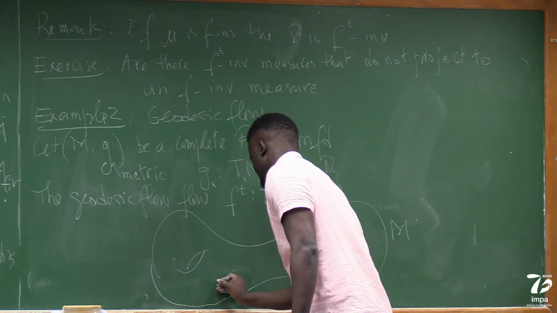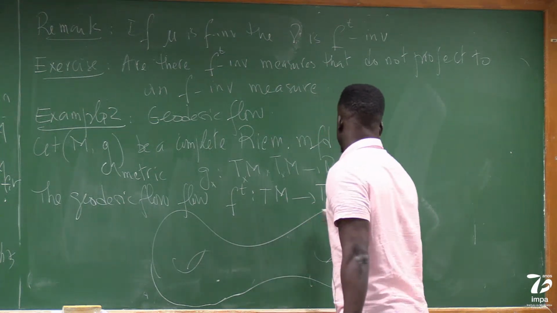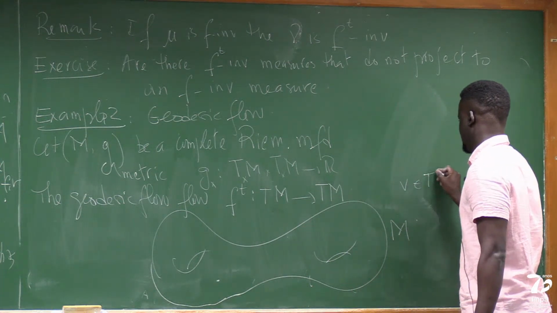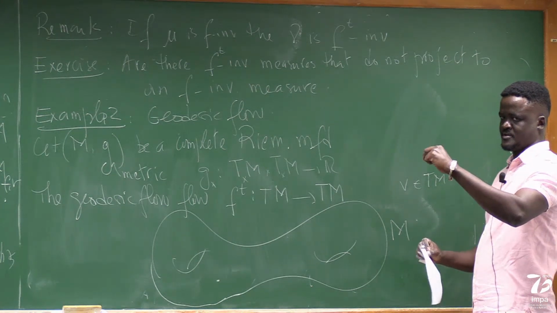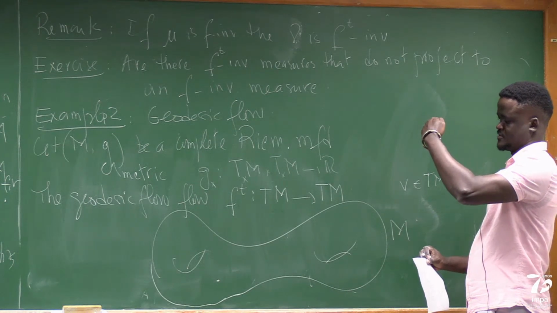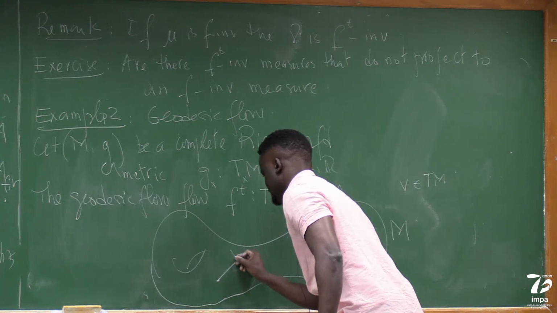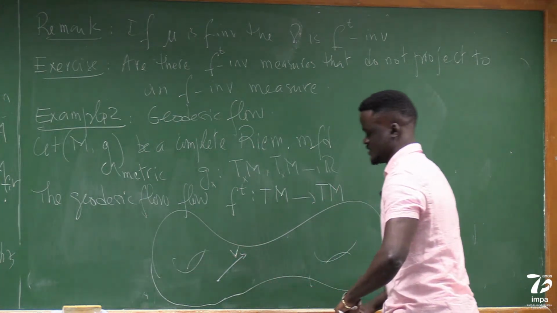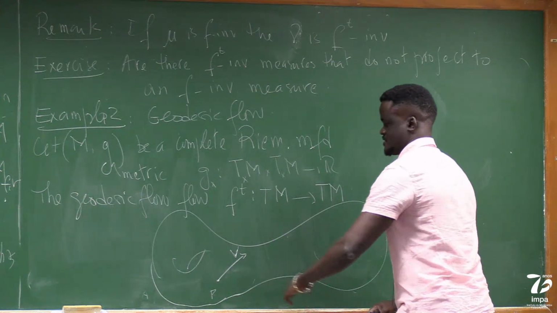So what are points on the tangent bundle? V is in TM. That means that V has a foot point and a vector on the tangent space. So V is given by a point P on the surface and the tangent vector.